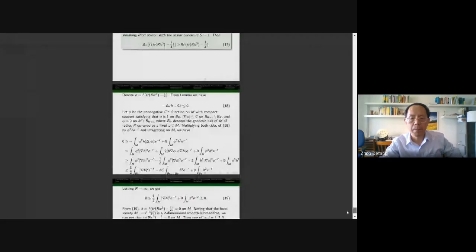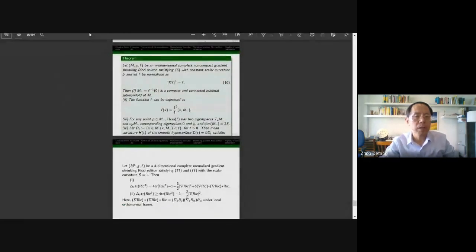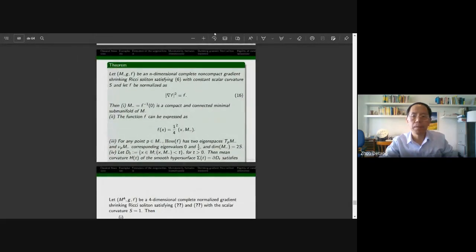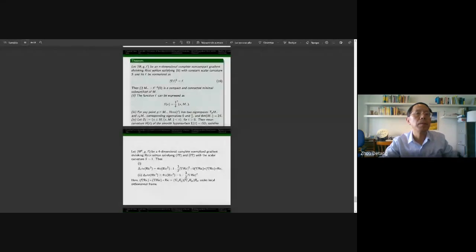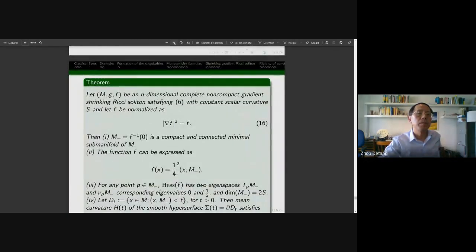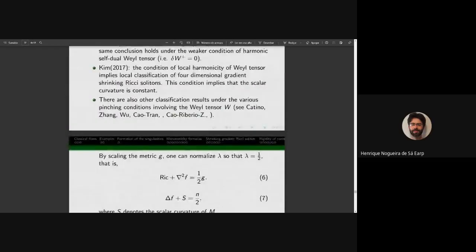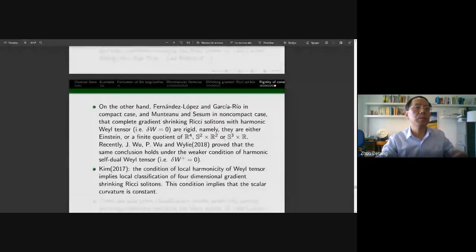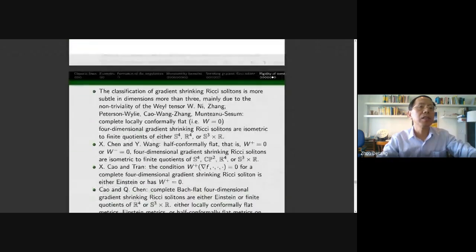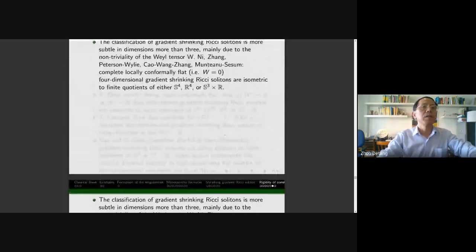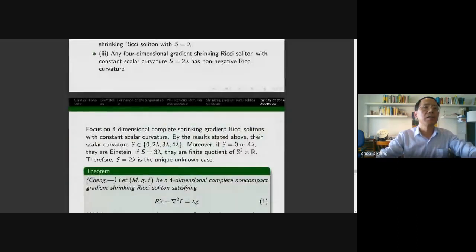Okay, is this too small? That's good. There was some problem that there was some collapsing with it, so I needed to fix it.